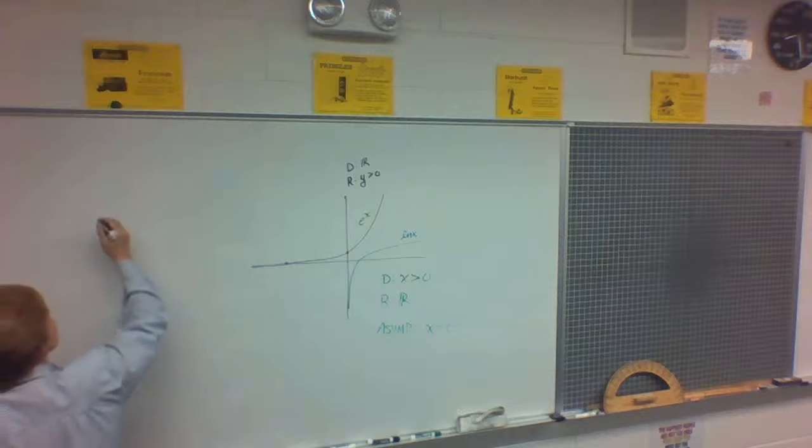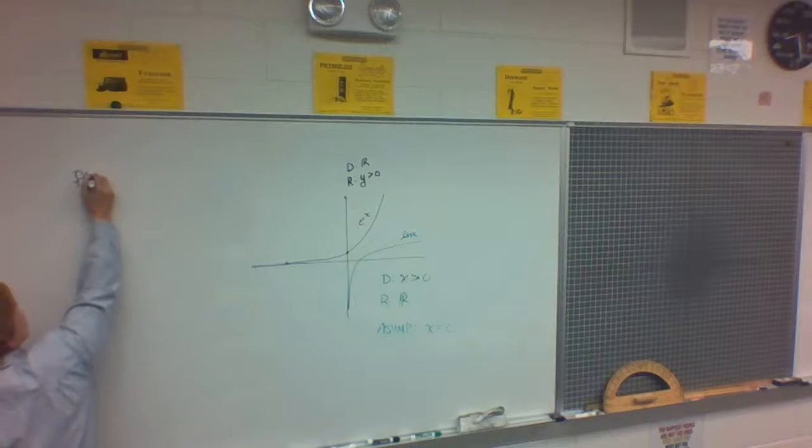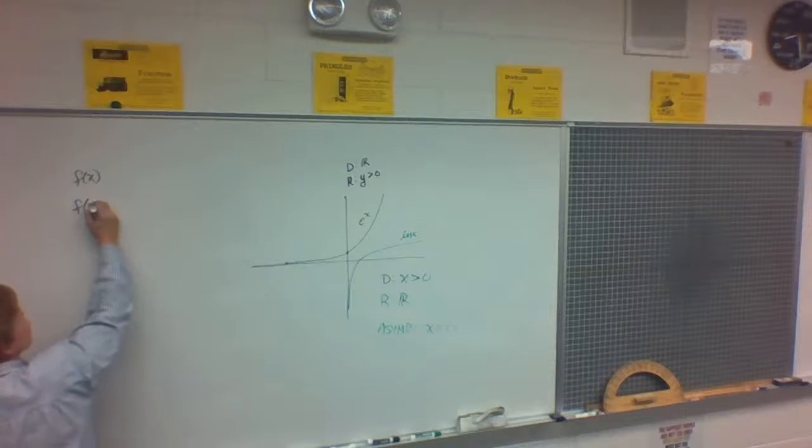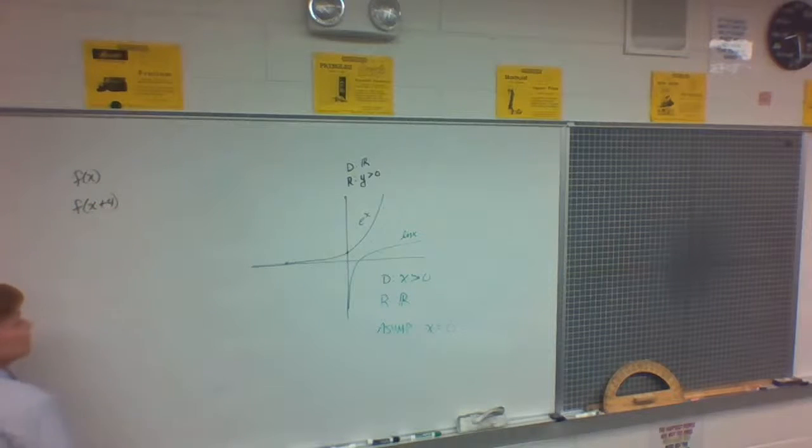But for functions in general, if the function is f of x, then what does this do to that function f of x? What does this, if f of x is a graph of something, I don't care what it is, what will this one do to that graph?